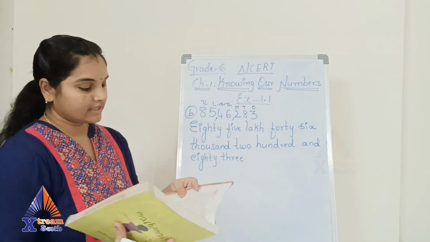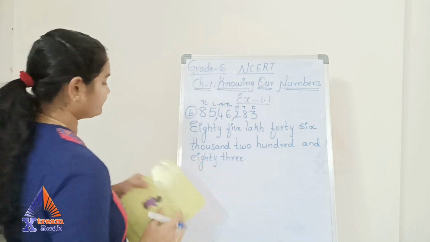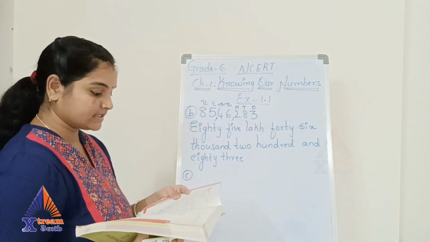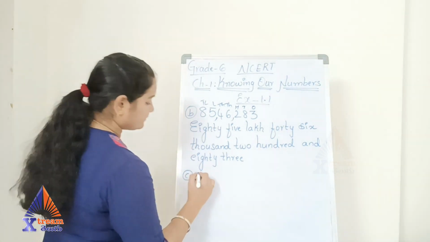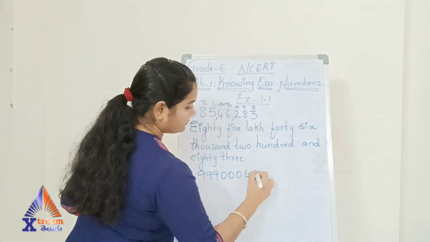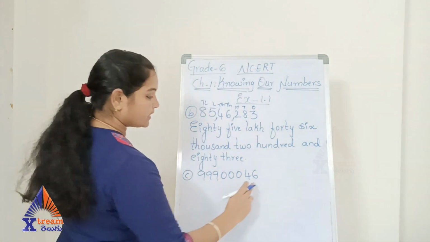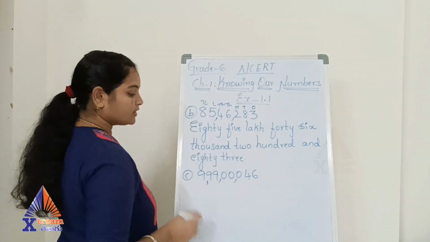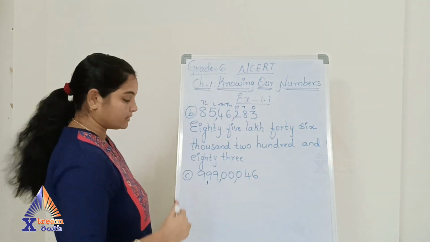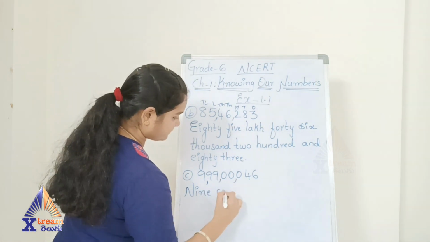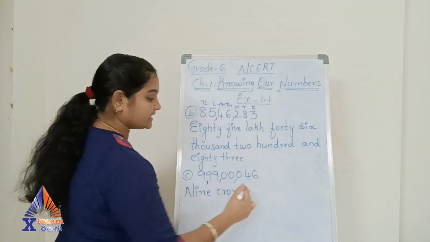The next one, the third one here, I get to see a lot of 9s and 0s over here. I have 9990046. So I give my commas 1, 2, 3, 1, 2, 1, 2. So again I have a crore place value here. So I go with 9 crore 99 lakh.